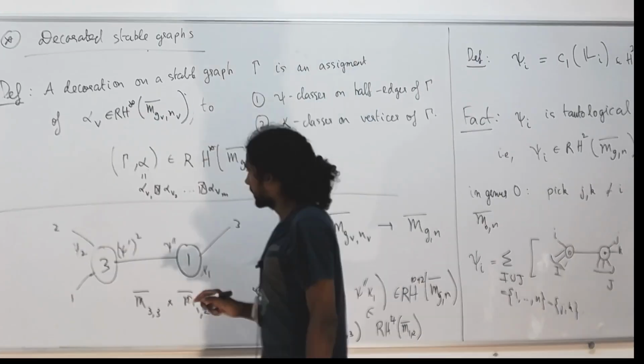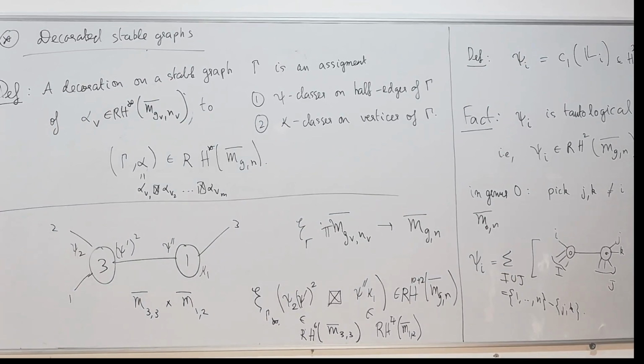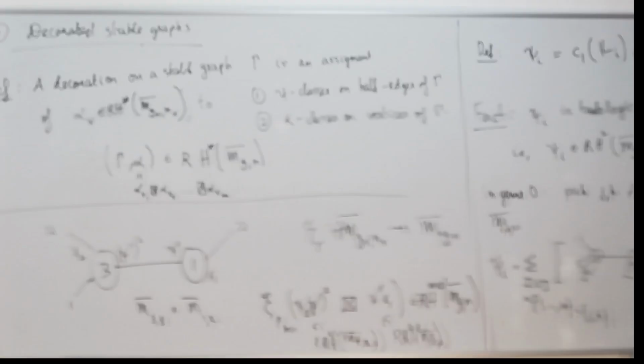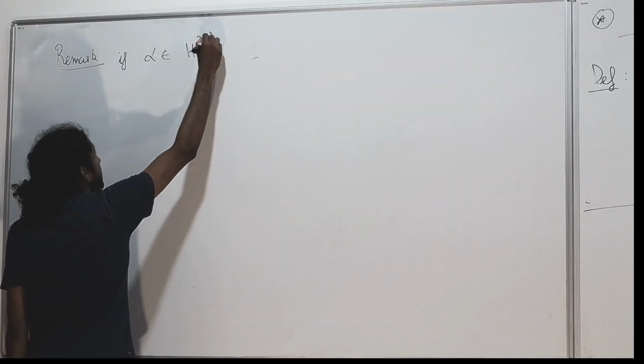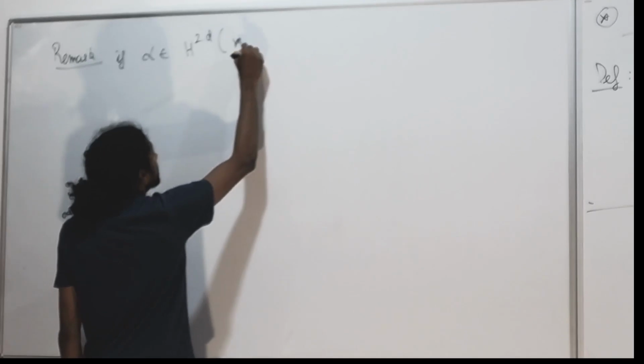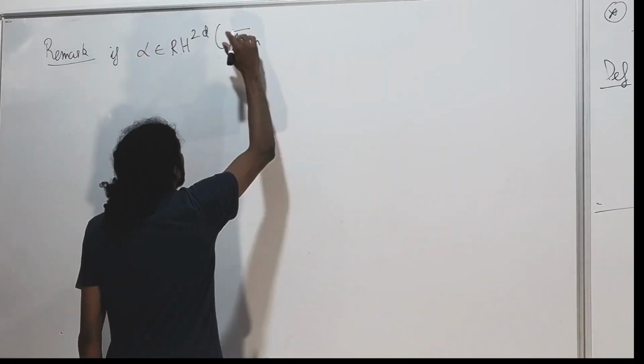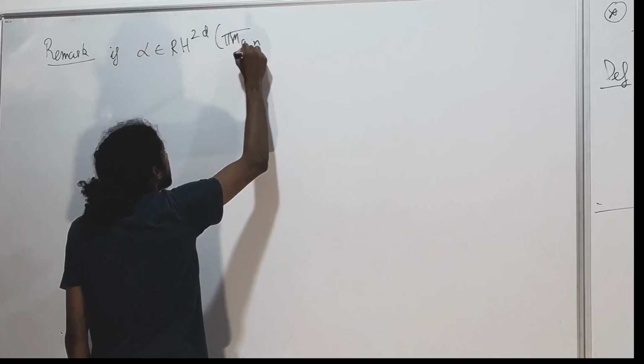So just a remark, maybe. It's just the calculation that we did before. Alpha is in the cohomology of the product over vertices of M g(v), n(v) bar.